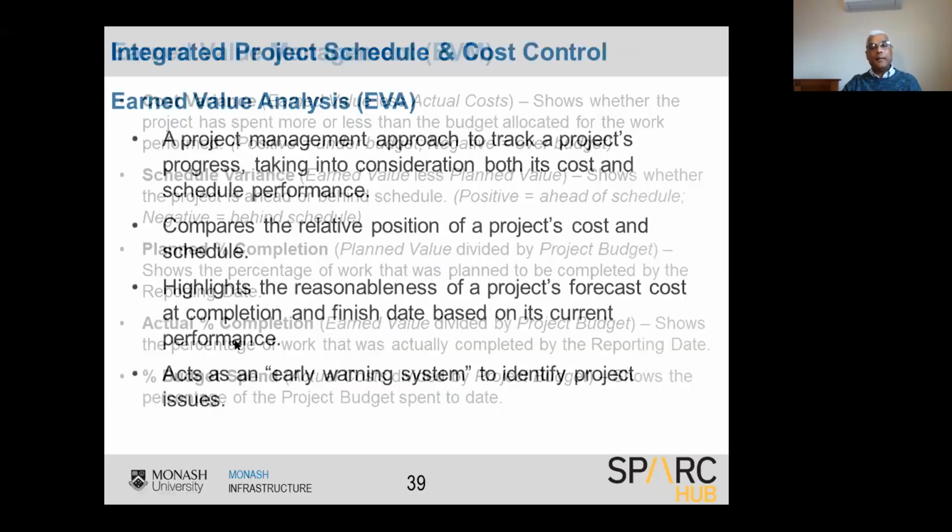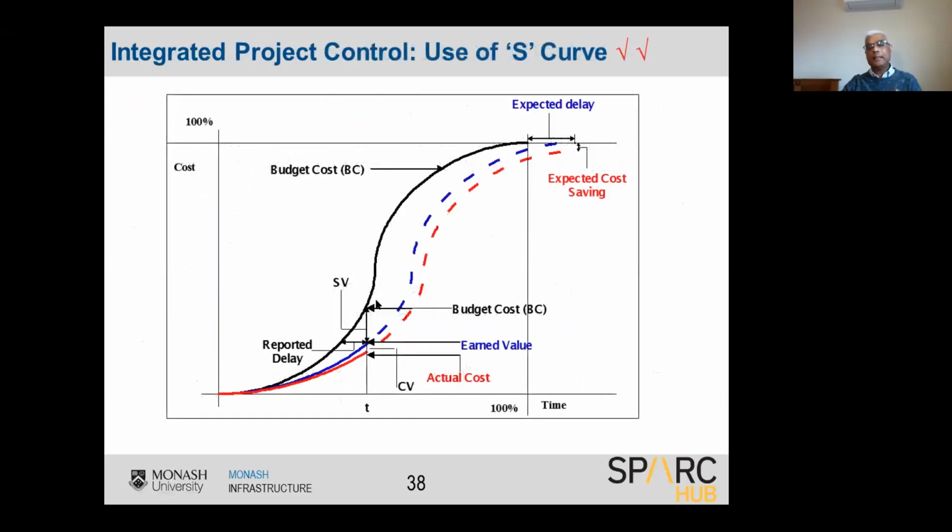And in reality, this is the bottom line. That's the schedule variance: earned value less the budget. So if the earned value minus the budget cost is minus, then you are behind the schedule. You are delayed. If it is plus, you are ahead of the schedule.